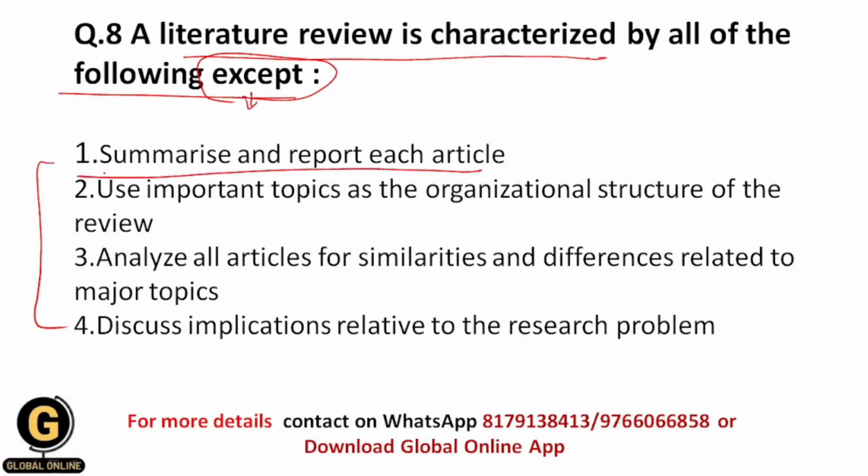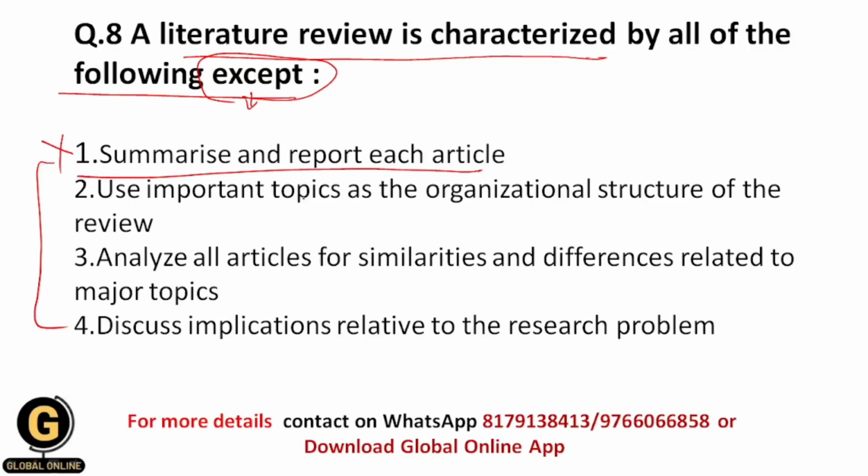As we have seen, literature review is the summary of articles which have a topic similar to the topic on which we are doing research, but it does not report each article, it only summarizes it. That means it is not a characteristic of the literature review.